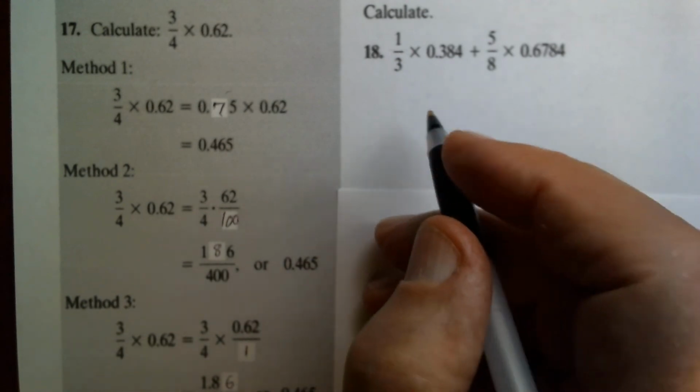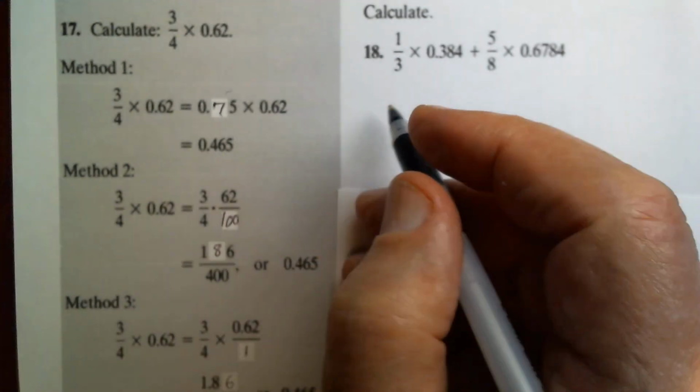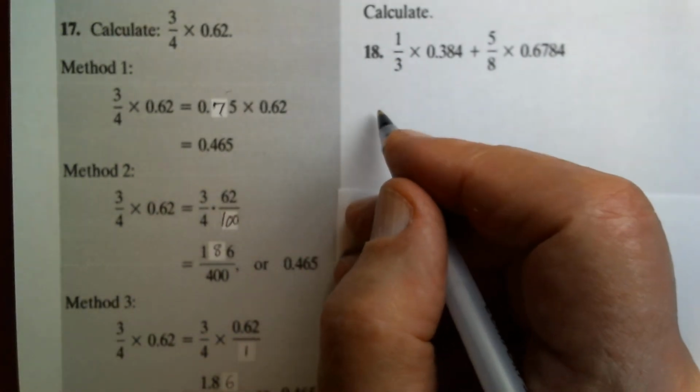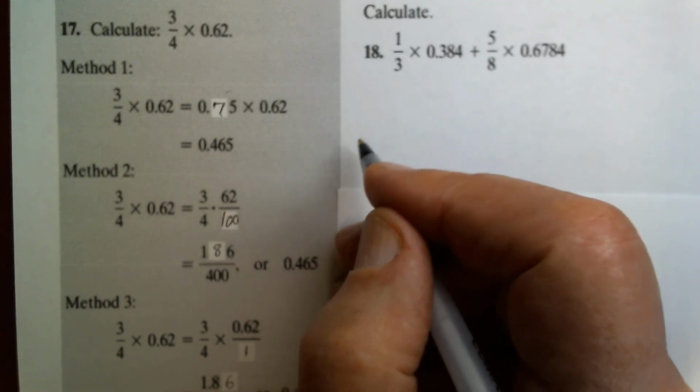For number 18, let's use method 3. Of course, you can use any one of these methods, but let's use method number 3.